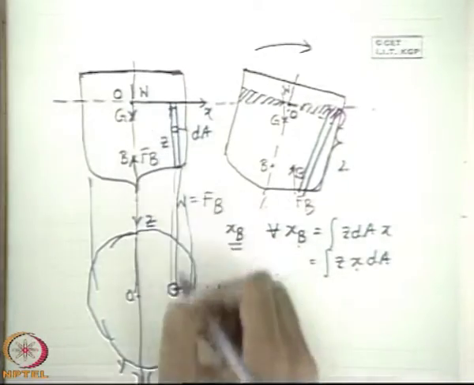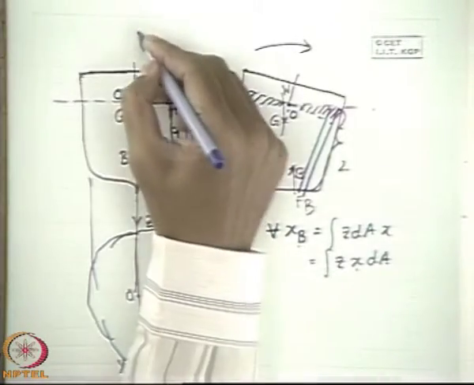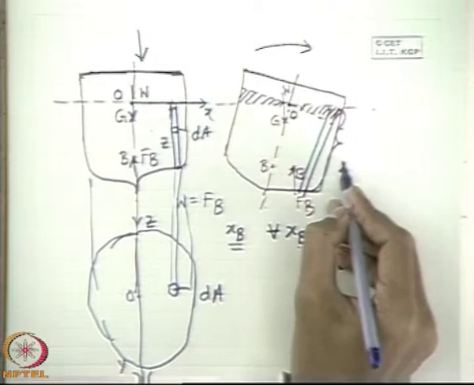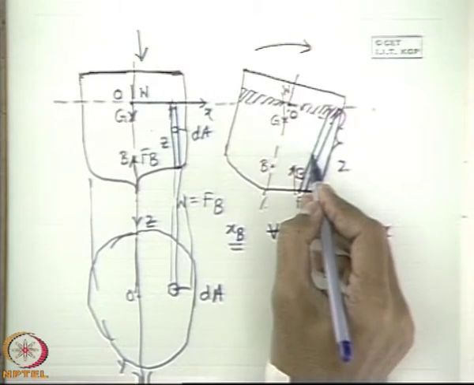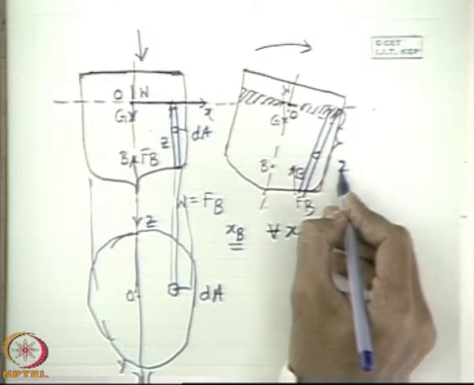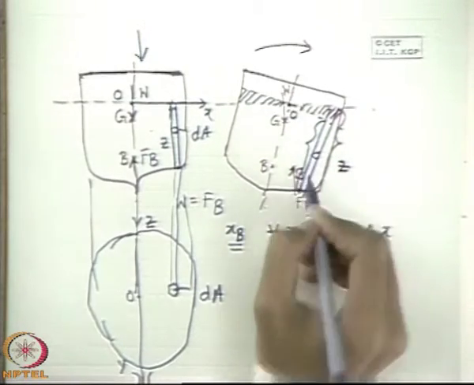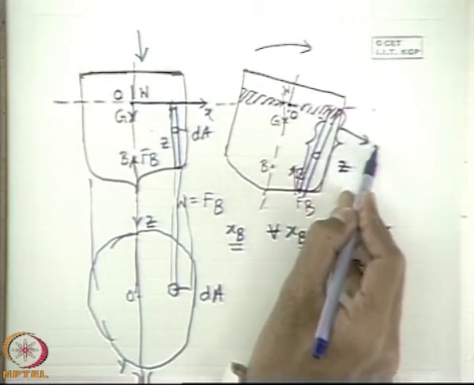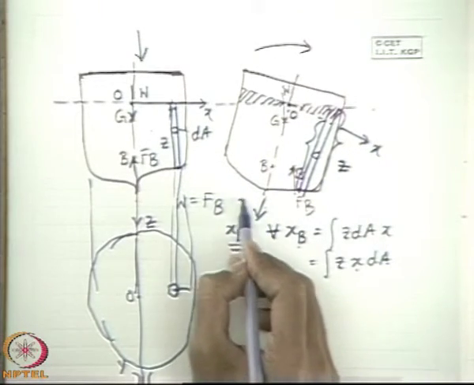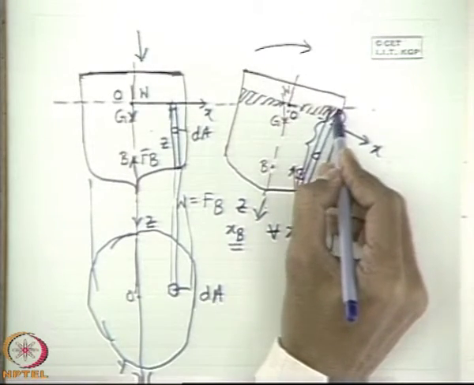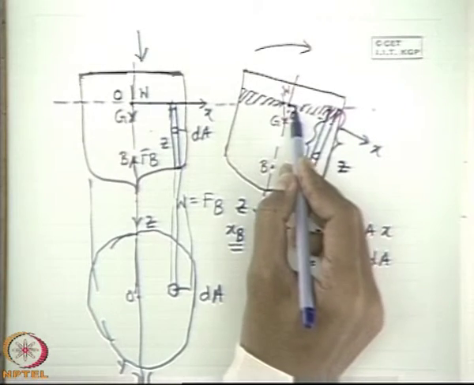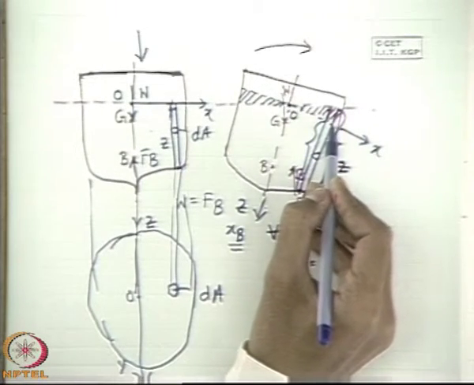This is typically the elemental area in this plan, that means this view. Now if we take the same prismatic element dA, here the height is equal to Z, that means Z is this one with respect to this coordinate axis X, and this is Z, plus this extra amount which has become immersed in the fluid.